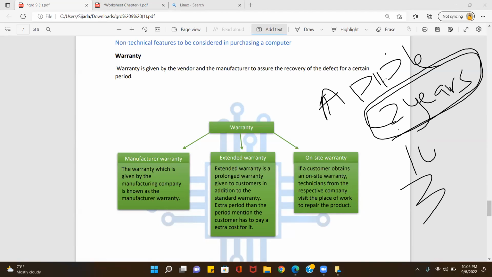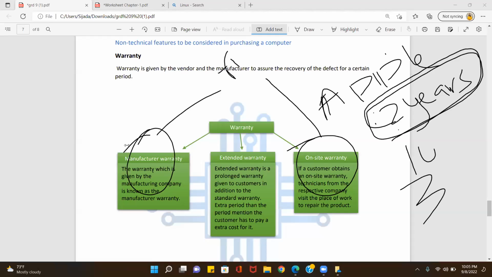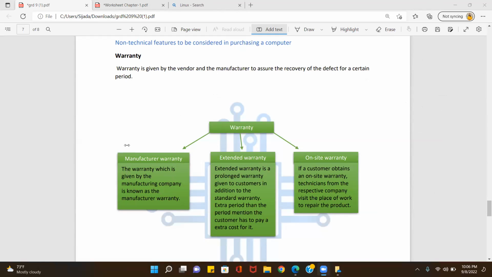That is extended warranty. The manufacturer warranty and on-site warranty can be given free of charge. But for extended warranty, you need to pay extra money, because you are asking for an extra time period of assurance, more than the normal period. Therefore, you need to pay them extra money for that.